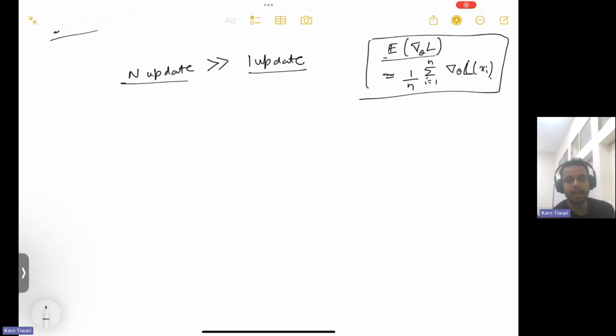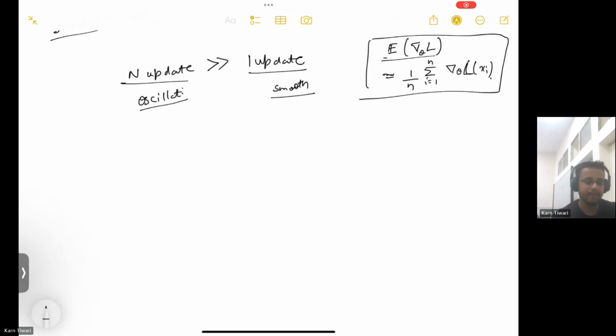We want to minimize over all the data points, not with respect to one data point. There will be many oscillations here, whereas the other will be smooth. So can we do better and take the advantage of both gradient descent and stochastic gradient descent?